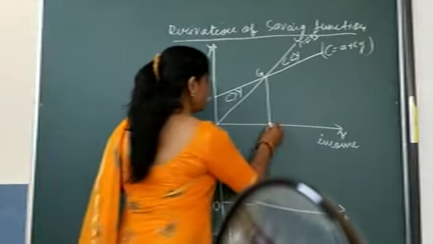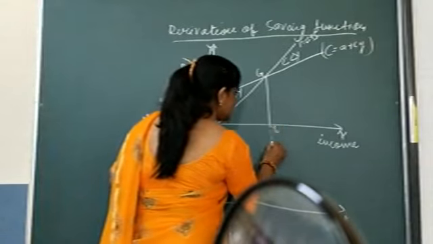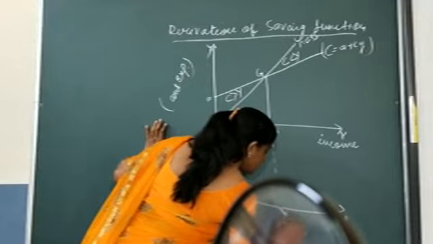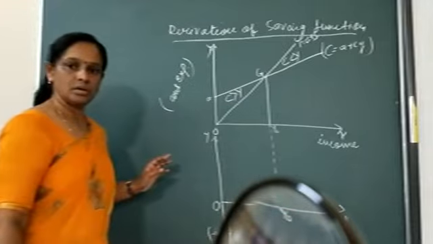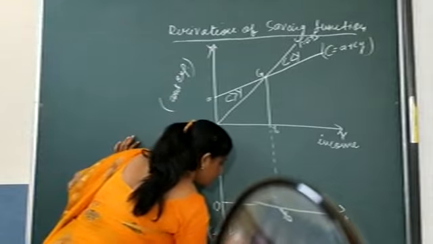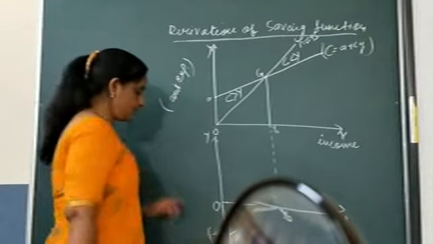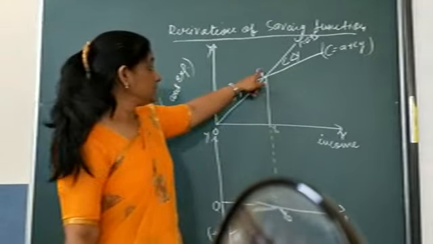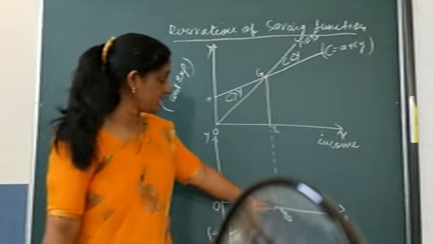Now you have to extend this line down, and this is your Y naught. Alright, and your saving line will be negative till G point, till Y naught.